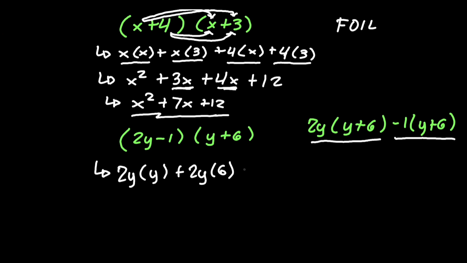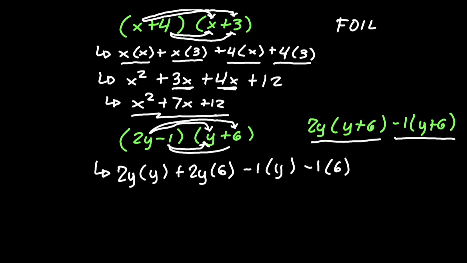So, it would be negative 1 multiplied by y minus 1 multiplied by 6. This is the FOIL method that they are talking about. You take first the multiplication of this and 2y plus 6, and you will take the multiplication of negative 1 of y and the outer.